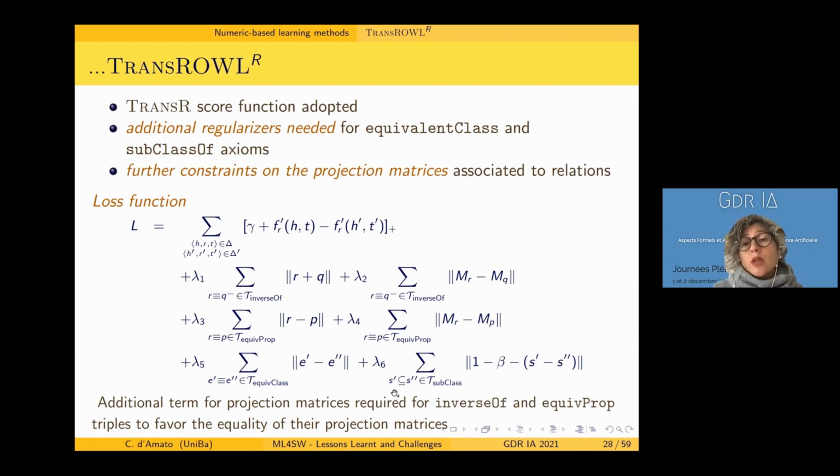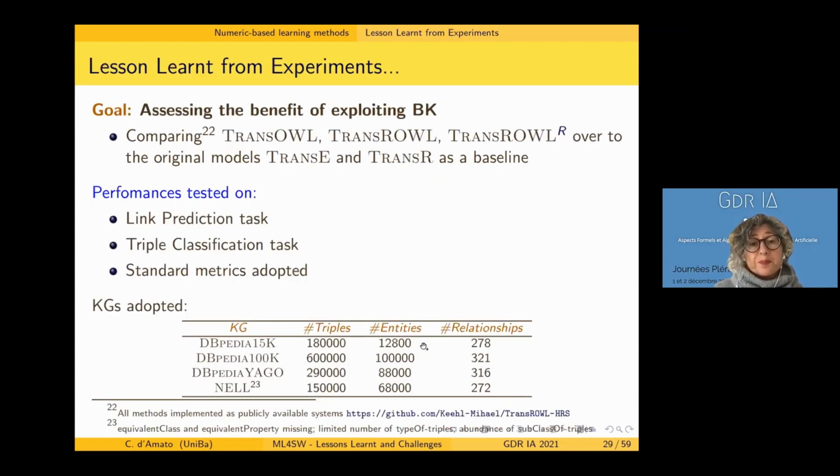That's why an additional term has been added for the inverse of and equivalent property axioms, in order to favor the equality of the projection matrices, thus preserving the semantics of the inverse of and the equivalent property axioms.